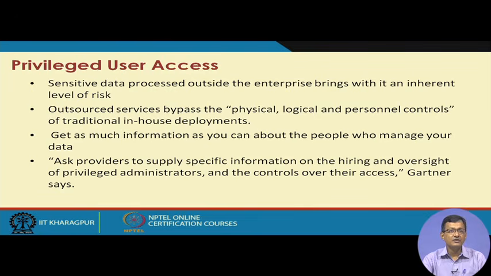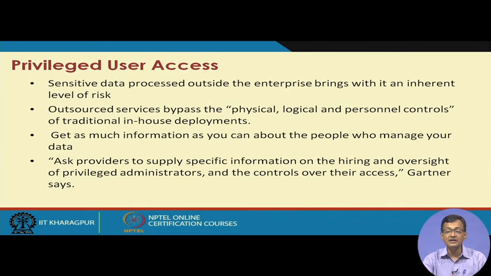If we look at the user privilege aspect, sensitive data processed outside the enterprise brings with it an inherent level of risk. Any sensitive data going beyond your premises carries risk. Outsourced services bypass the physical, logical and personnel controls that exist in a traditional in-house deployment.